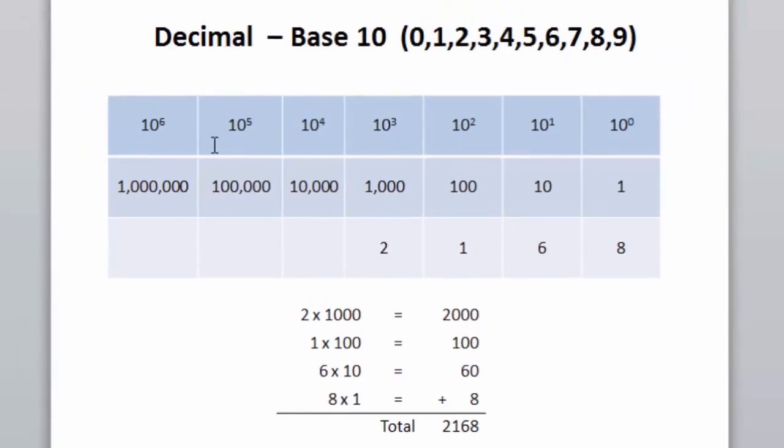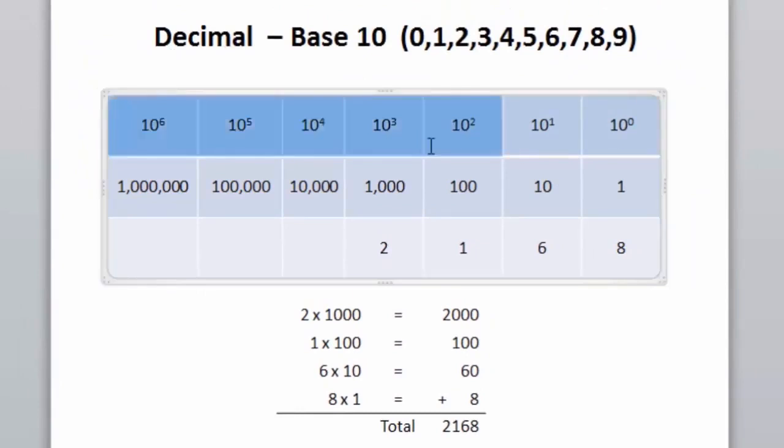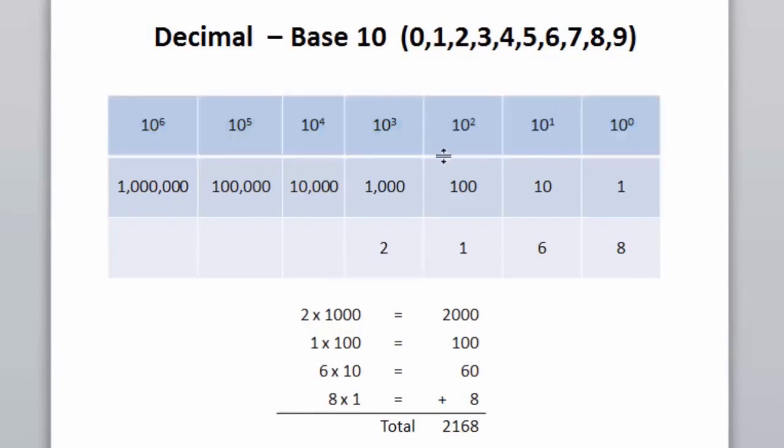It's based on the fact that you have powers of 10, but more importantly, you have 10 characters or 10 numerals in this counting system, from 0 all the way up to 9. So that means that in each place value, you can have anywhere from the number 0 up to the number 9.